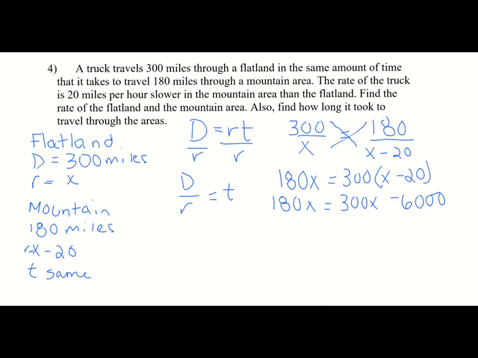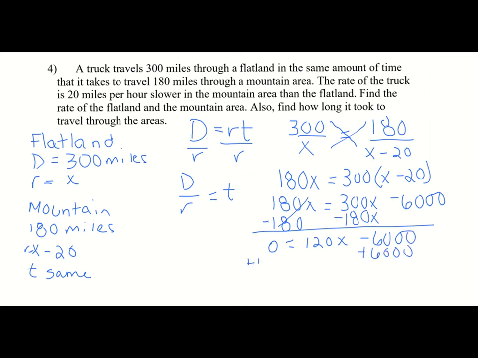And let's see here, I'm going to subtract 180x from both sides. And we're going to end up with 0 equals 120x minus 6,000. So we'll add 6,000 to both sides. So 6,000 equals 120x. Divide both sides by 120.